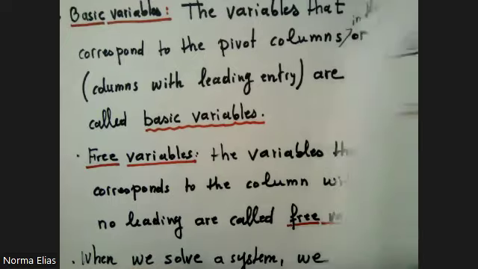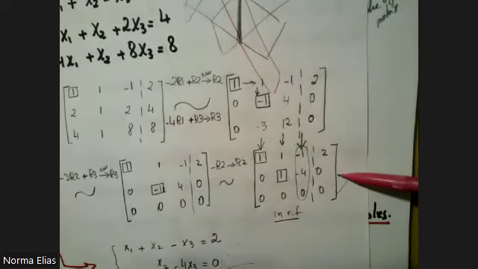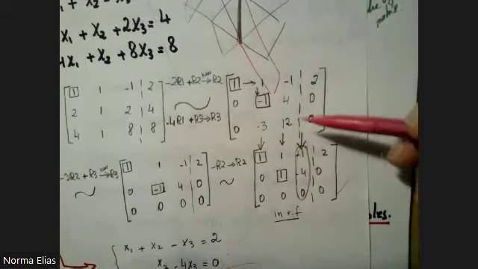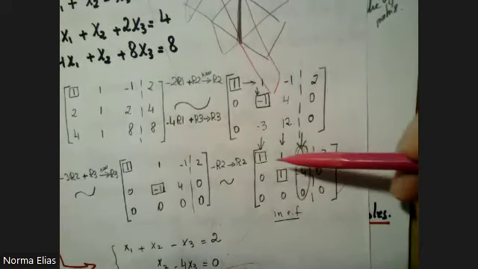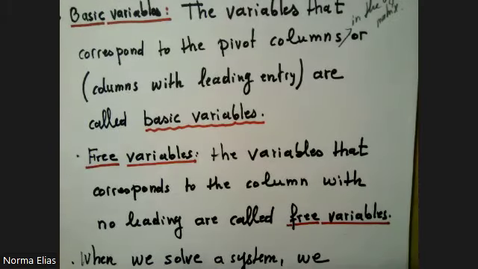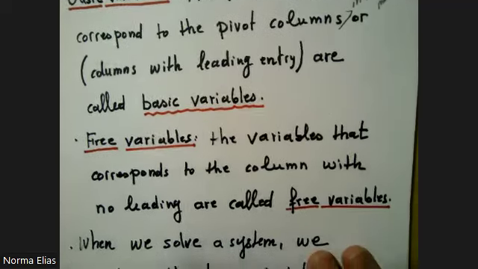So again, this is the augmented matrix. This column has no leading entry. X3 is free. Those two will be the basic ones.